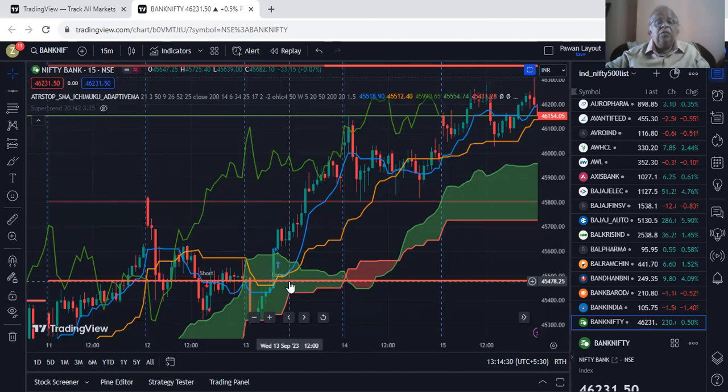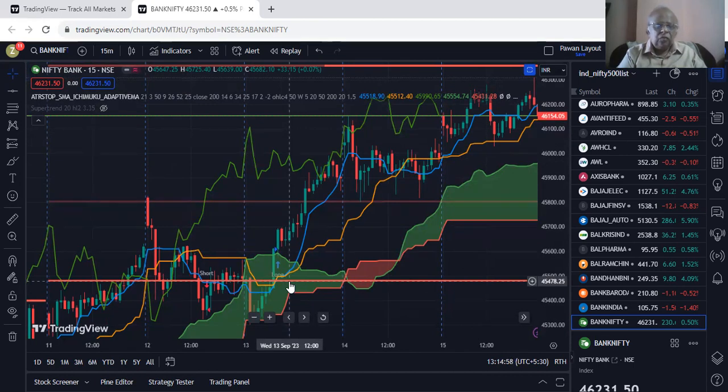Before that, one should not enter into the trade, because when Tenkan-sen or Kijun-sen is in the cloud, the price can get reversal from the top of the cloud and may move downward.